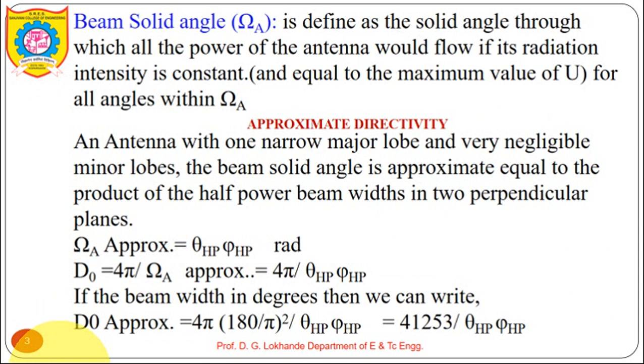Beam solid angle is defined as the solid angle through which all the power of the antenna would flow if its radiation intensity is constant and equal to the maximum value of radiation intensity U for all angles within omega A. Approximate directivity: for an antenna with one narrow major lobe and very negligible minor lobes, the beam solid angle is approximately equal to the product of the half power beam widths in two perpendicular planes.